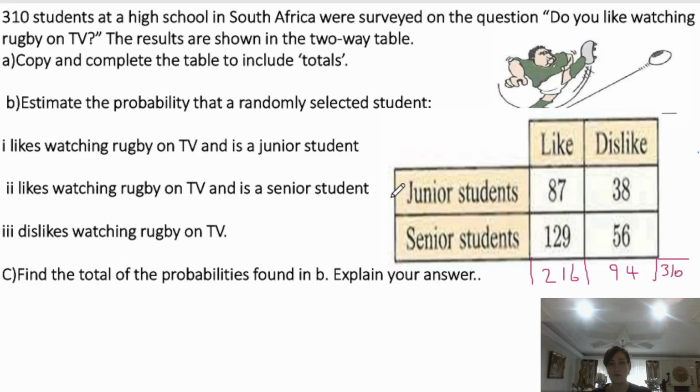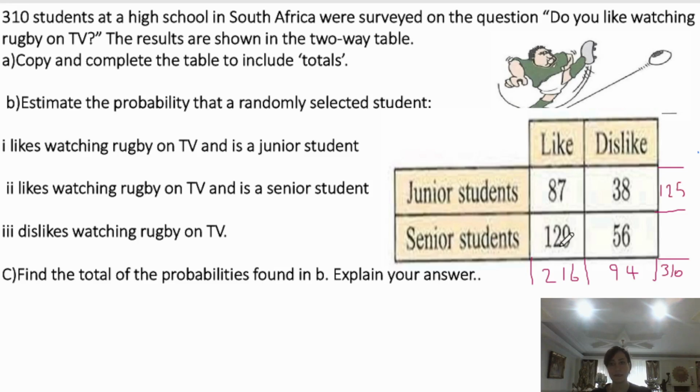Now I will go for the horizontal. Only junior students, doesn't matter like or dislike, that attended this survey: 87 plus 38, which is 125.